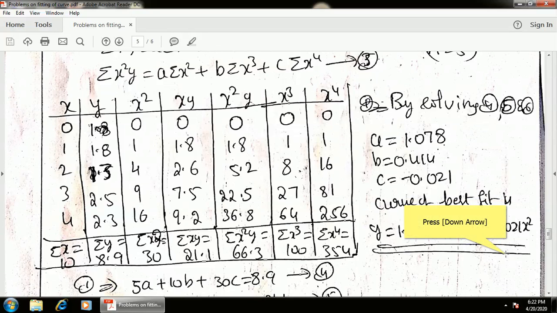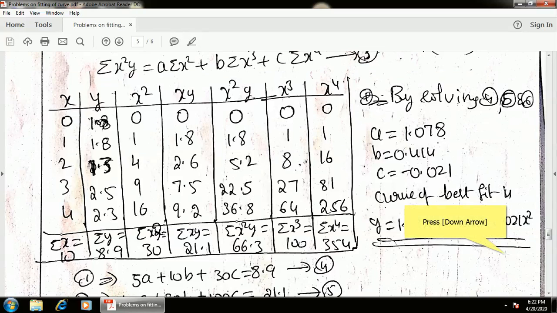After finding their sum, put those values into the normal equations. Okay.